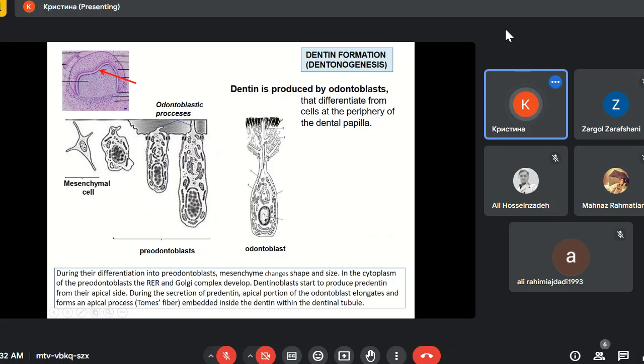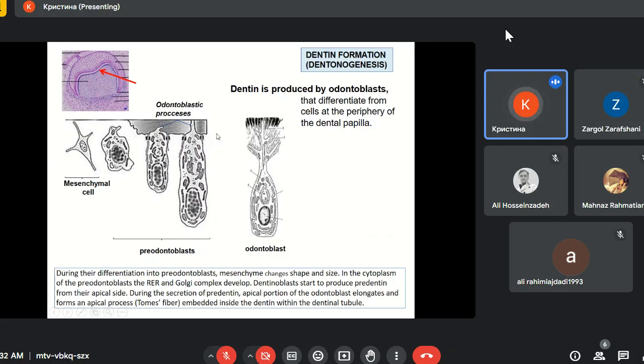It is released through the apical process, the odontoblastic process, which is called Tomes' fiber. And while the dentin is gradually produced, Tomes' fiber, or the process of the odontoblast, stays embedded inside the layer of dentin.